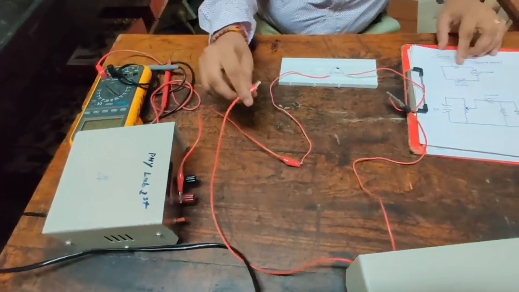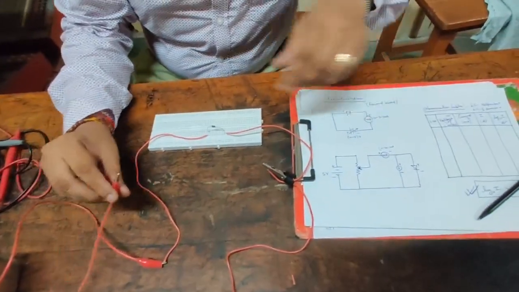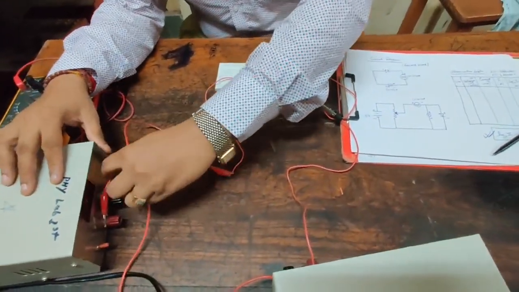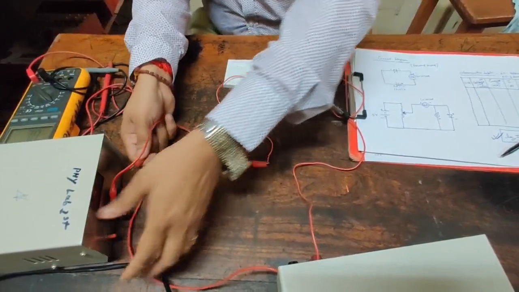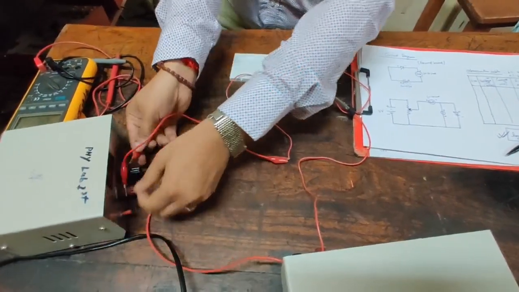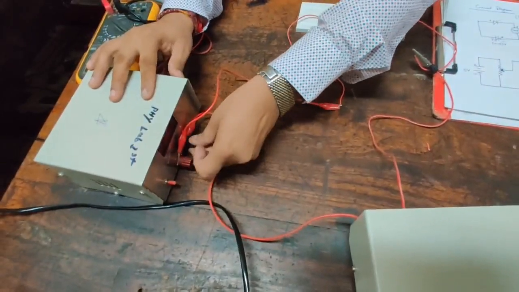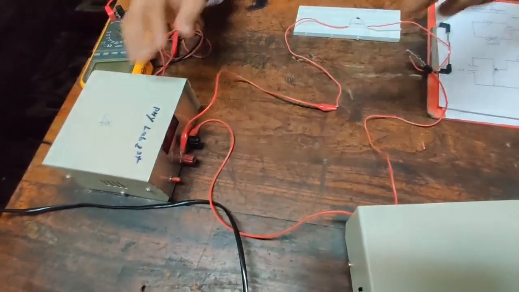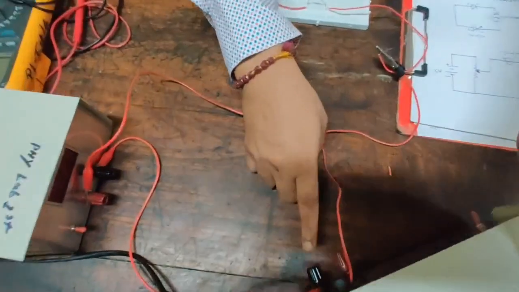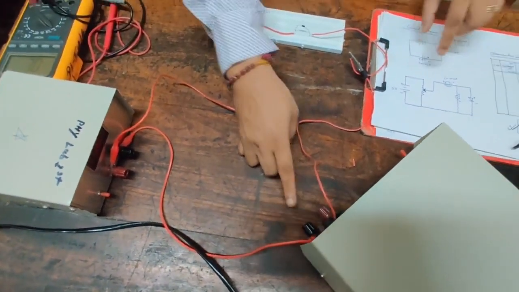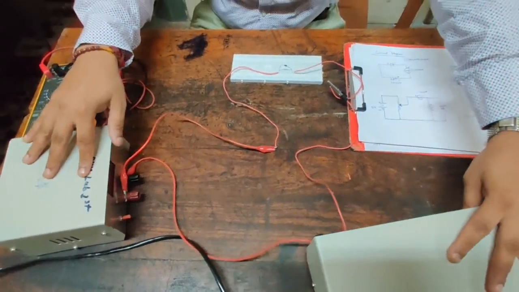Is this fine? And the negative of this milliammeter I am connecting here. Negative will go to the negative of this battery. Okay, this point. So now my circuit is completed.